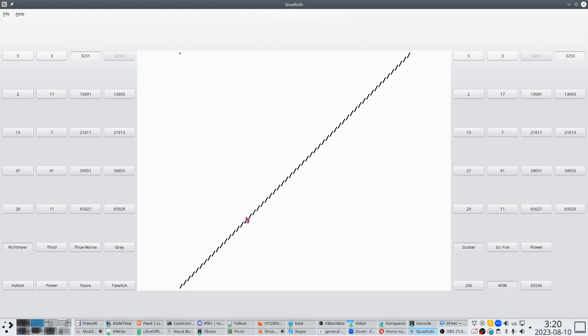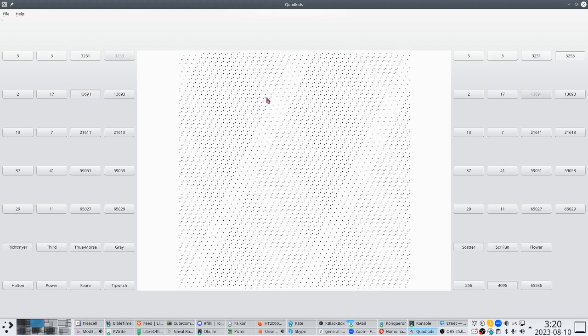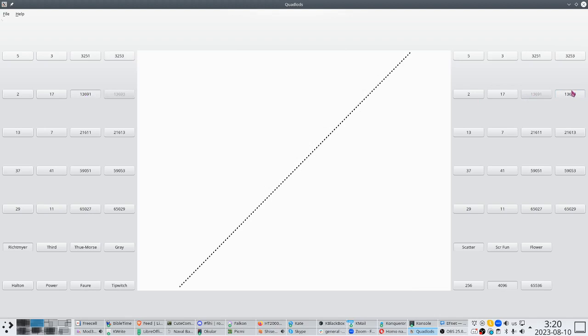These being very close means that the plot is close to a straight line. They get even closer to a straight line as the numbers get higher.